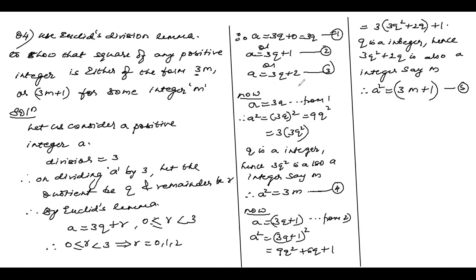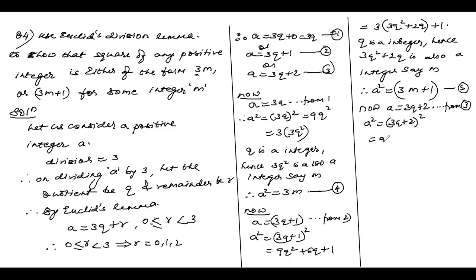Now, there is one more form, okay? A is equal to 3Q plus 2. So, squaring both sides, children, this is from 3. A square equal 3Q plus 2 the whole square.